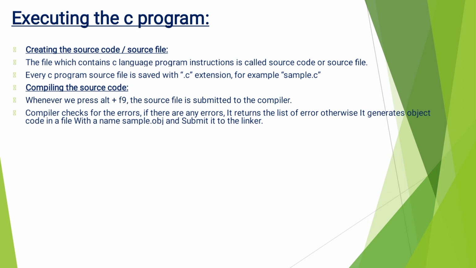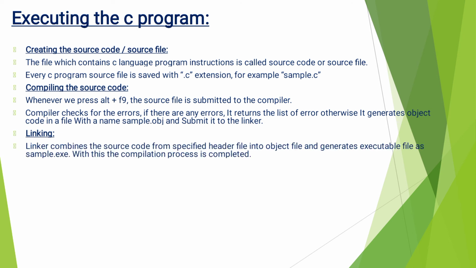Otherwise, if there are no errors, it generates object code in a file named sample.obj, and this sample.obj is submitted to the linker. Here, our sample.c program file is converted into sample.obj and passed to the linker. Next, the linking process. The linker is used to combine the code from the specified header files into the object file.